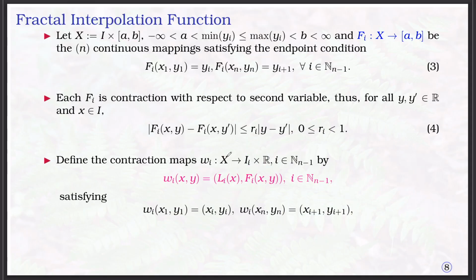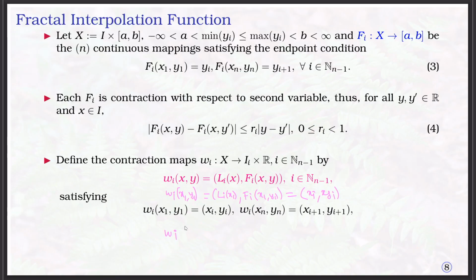Then this Wi also satisfies the endpoint condition, which one can easily verify. Wi of (x1, y1) can be written as (Li of x1, Fi of x1 and y1), which equals (xi, yi).